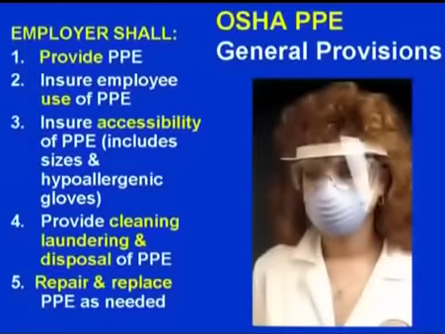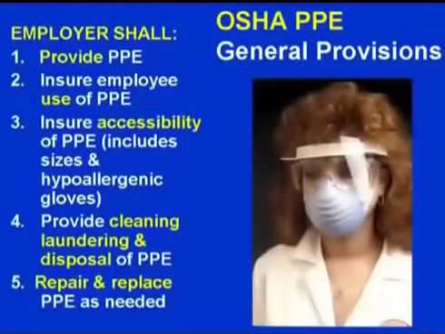Normally, we would select either a face shield or the mask and protective eyewear. Remember, too, that the employer must provide the personal protective equipment. The employer is required to make sure that the employees use it and use it properly, supplying any types of repairs, and also, if there are allergy problems, the employer must supply hypoallergenic materials.